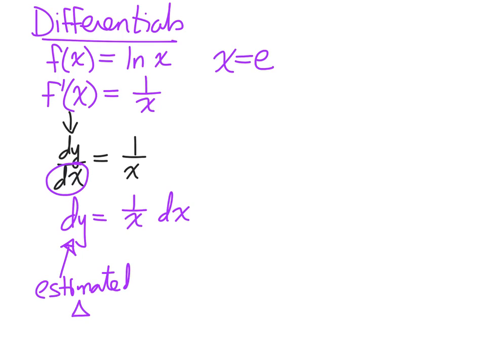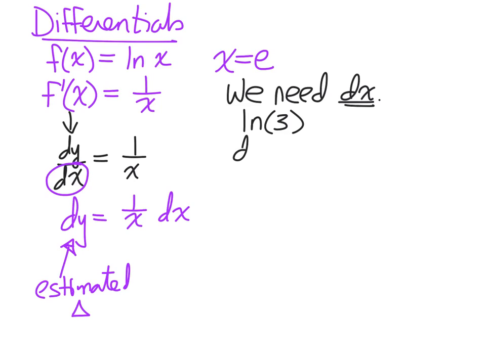Estimated change. I have the 1 over x. I know what x is going to be. The dx is the important piece. That dx represents the deviation from your particular number. Specifically, we need to find the ln of 3.